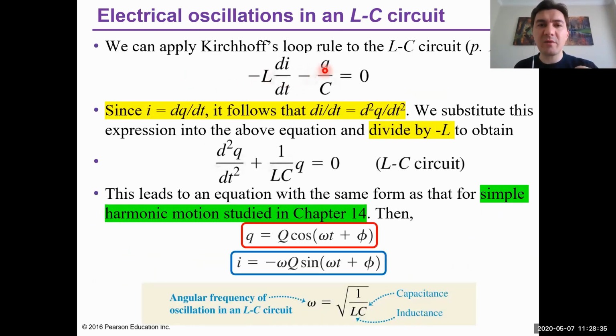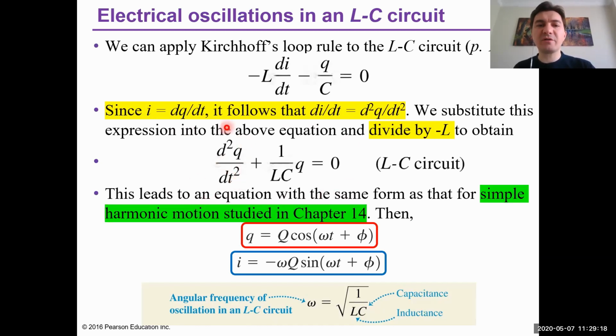It is given by minus Q over C, and they sum to 0 due to Kirchhoff's loop rule, okay? Here we have I. Instead of I, I can write dq over dt. So charge changes as a function of time and it produces current in the circuit. So instead of this one, I can write d square q over dt square. Then if I divide by minus L, I can get this expression.